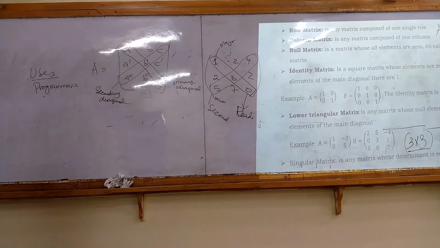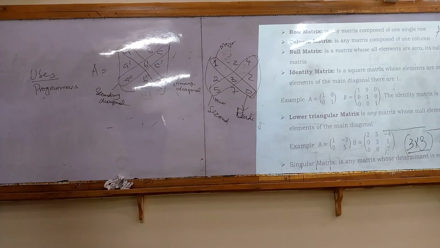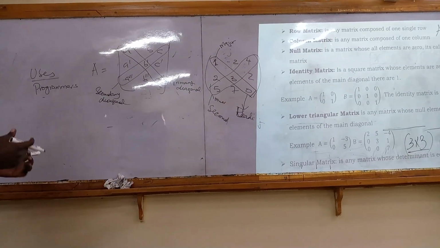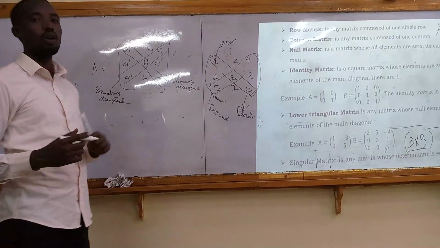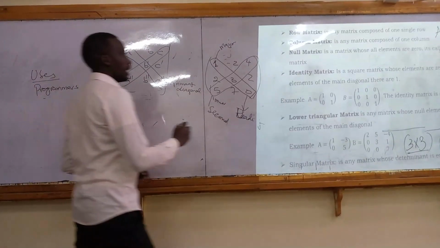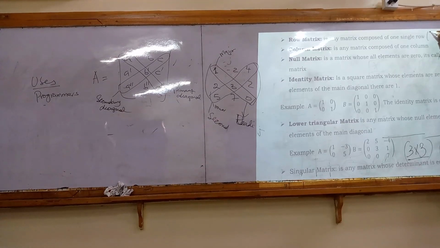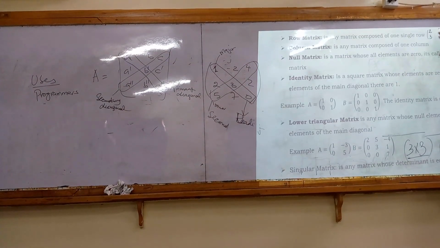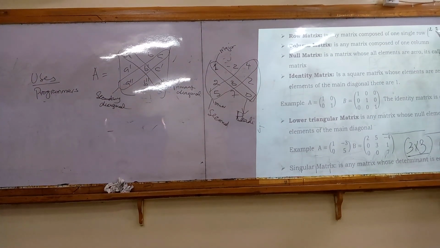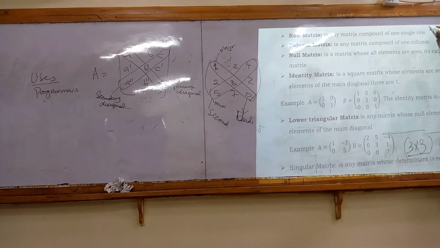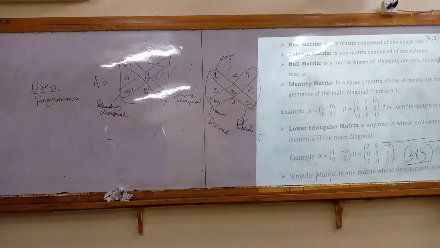We have also what we call a row matrix. A row matrix is a matrix which is composed of a single row. So when we take an example, a single row, which means we have 2, 3. This is a matrix. It has one row.